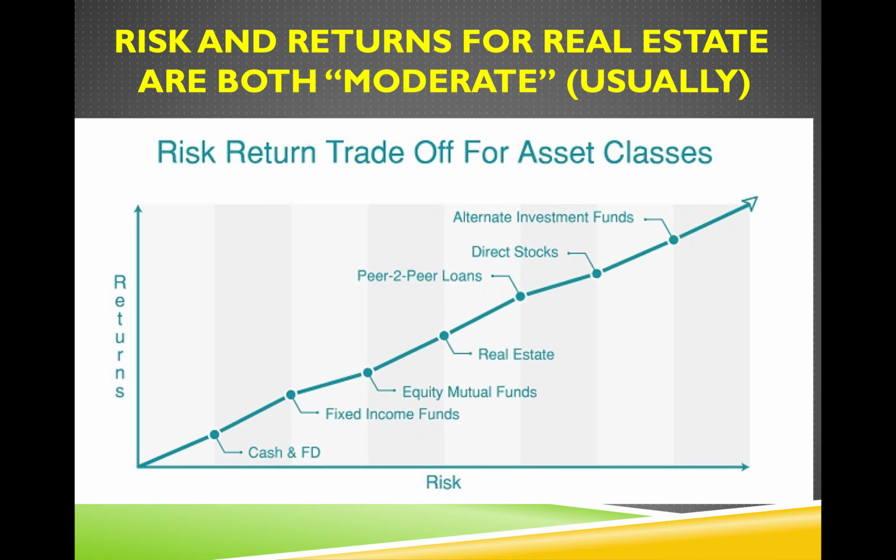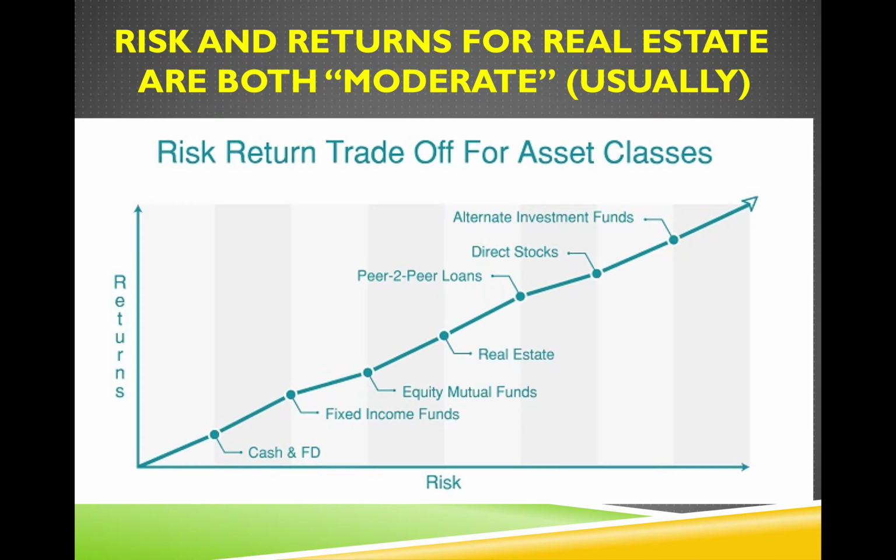The risk and return of real estate is generally characterized as something between fixed income investments, bonds, and stocks. Typically, the standard deviation of real estate as an investment is lower. The returns tend to be lower than stocks, higher than bonds.